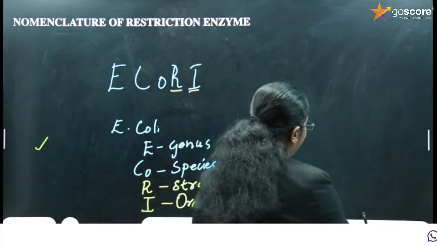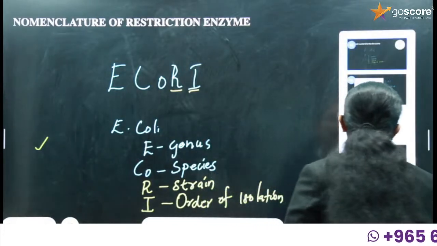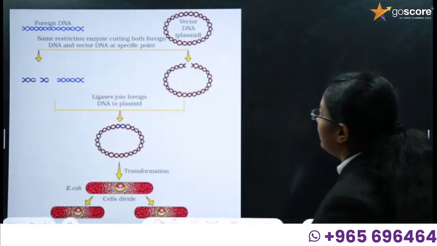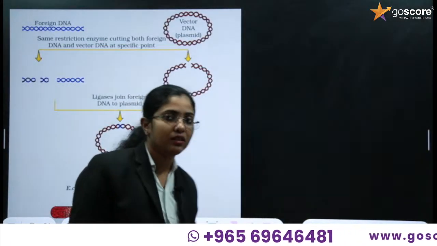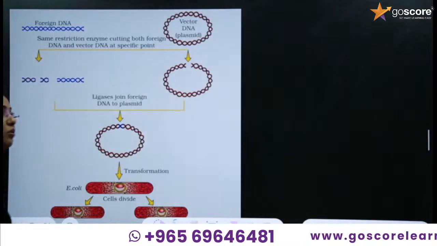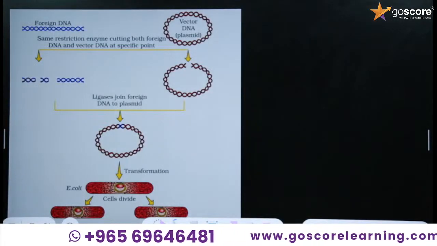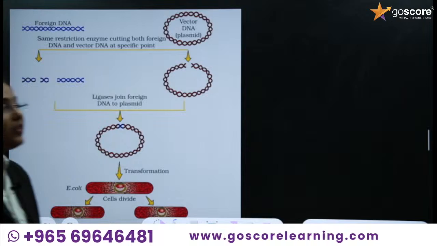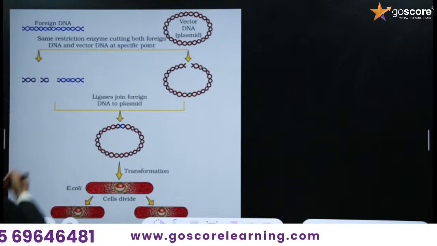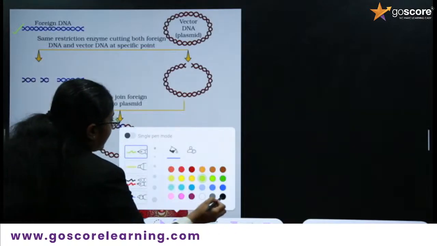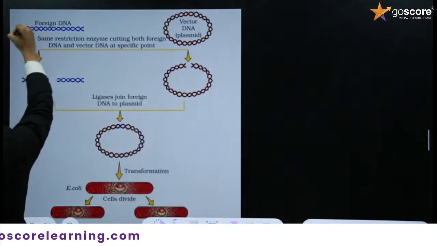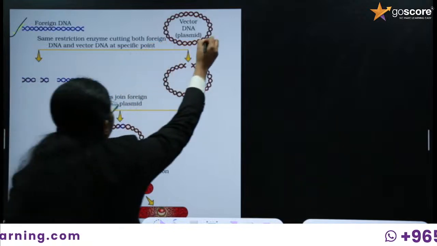So one more image we have to study at that point, that is this one. The functioning of restriction endonuclease is clearly given here, and also how the genes have been integrated. See, this is a foreign DNA, and here you can find the vector DNA.